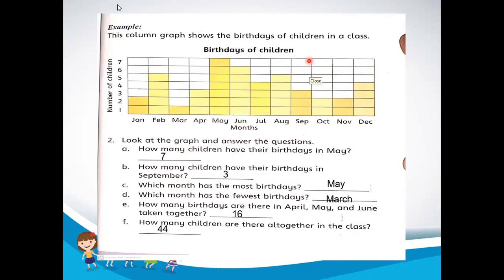Everybody check it, whether it is 43 or 44. The number of children here is 44.